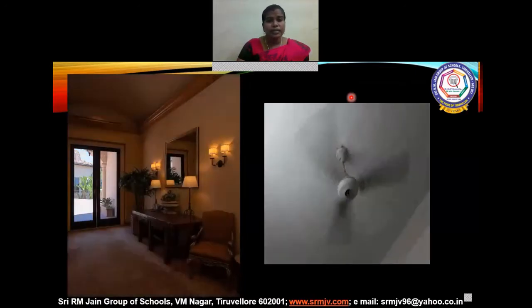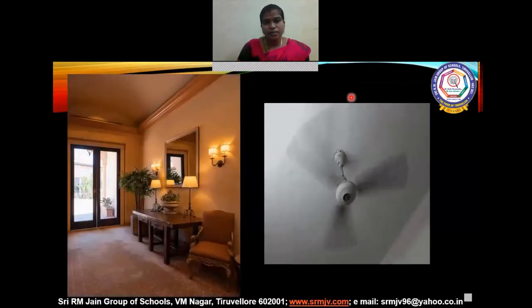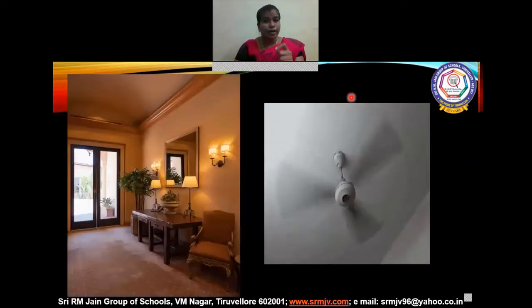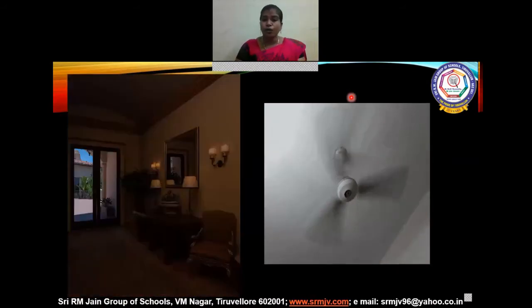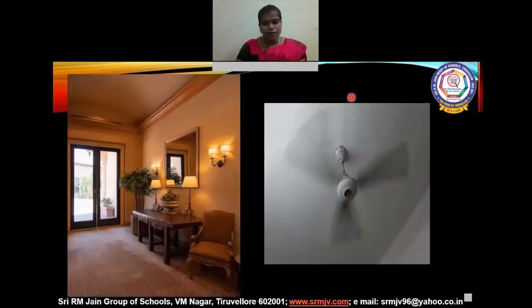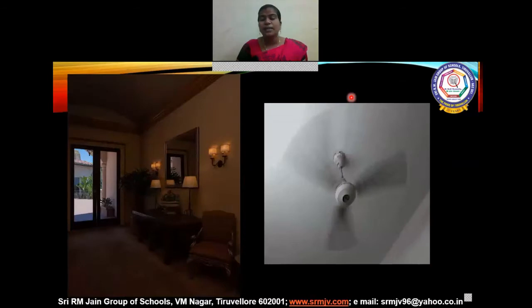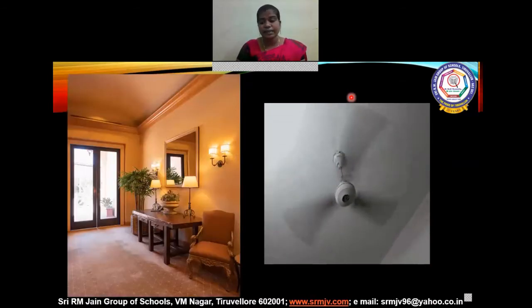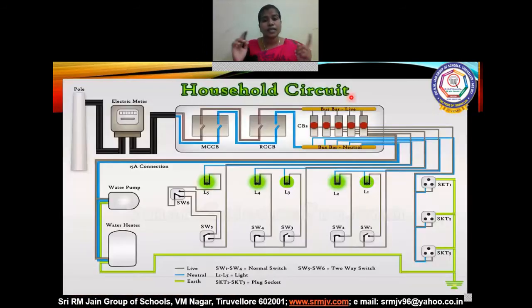So what is the magic that happens? By just switching on, you are able to light the room, you are able to switch on the fan. Now this magic is possible because of electric current. The electric current flows inside the wire inside your house, and this makes the magic possible.